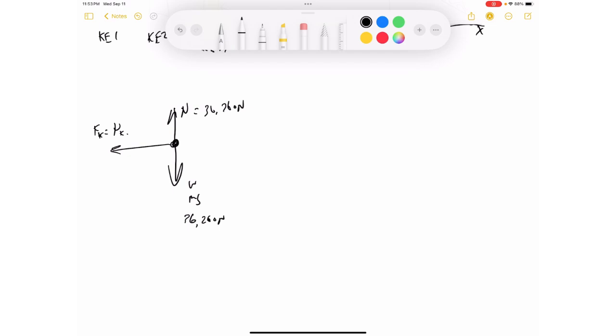Times the normal force, okay? And if you do 0.75 times 36,260, you end up with 27,195 newtons. Okay, and so this frictional force is going to completely drain the kinetic energy until it's gone, right?